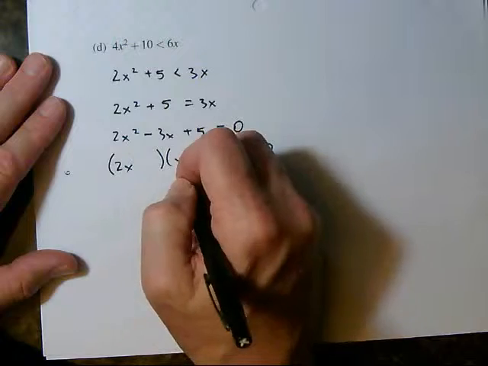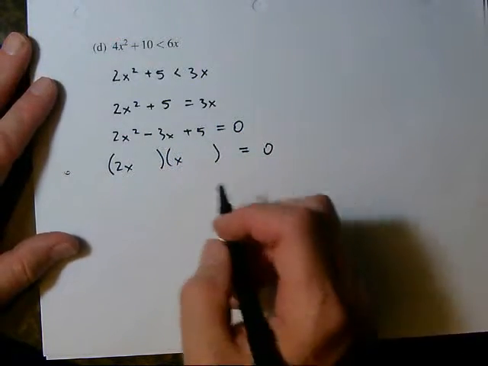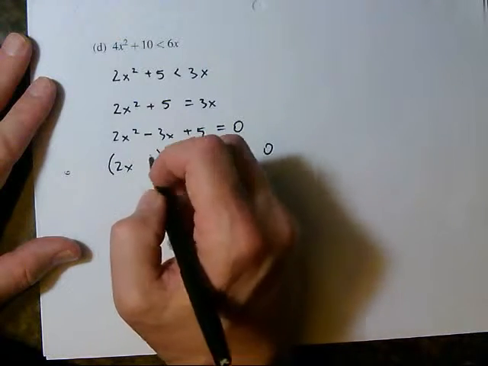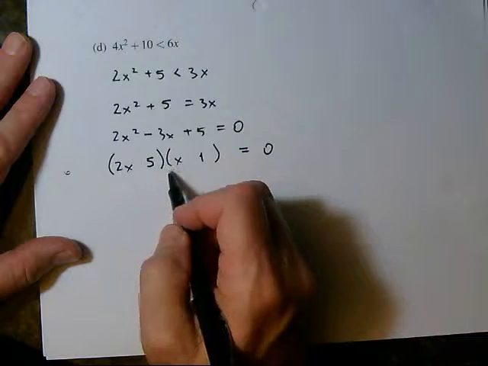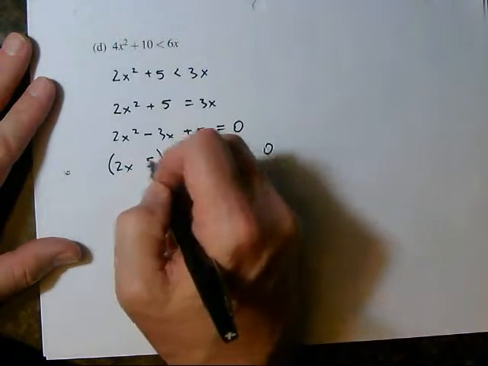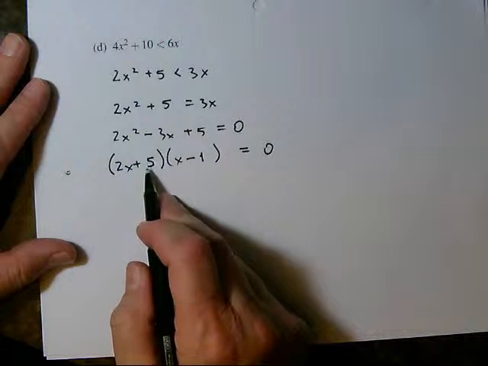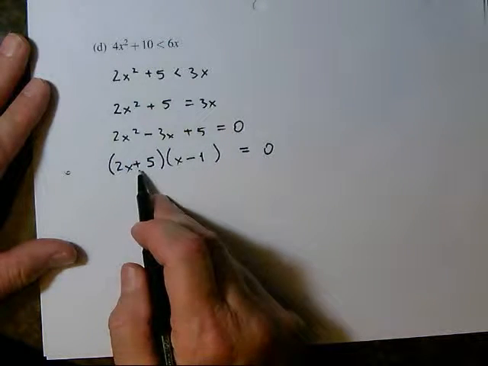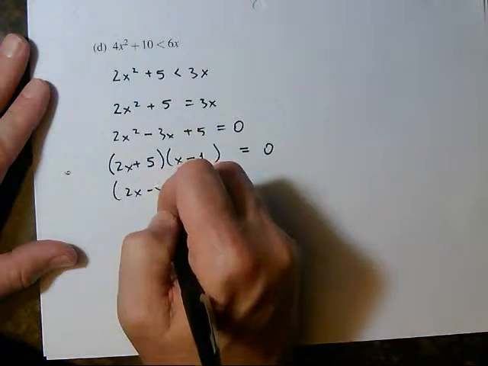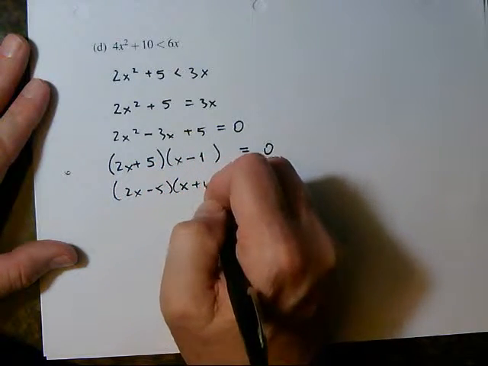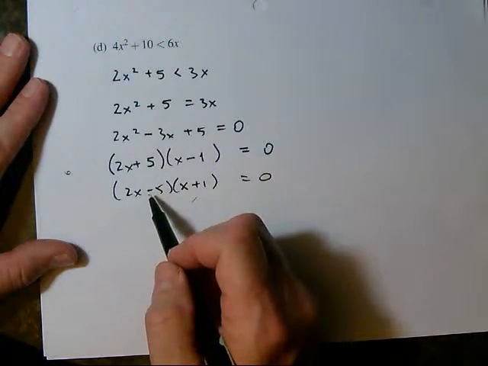So a 2x and an x. The 5 would probably have to go there, and a 1 there. If I make that a negative and a positive, then FOIL check: 2x squared plus 5x minus 2x. I got the signs wrong. So (2x minus 5)(x plus 1) equals 0. So you get a minus 5x plus a 2x is a minus 3x.